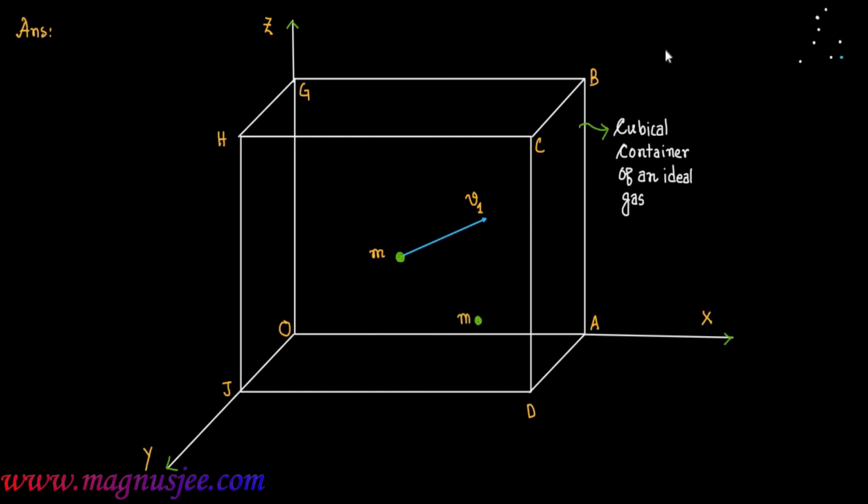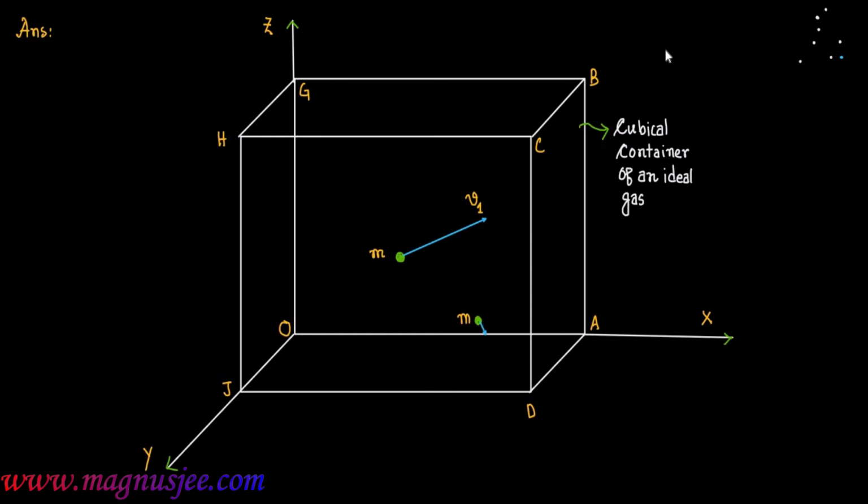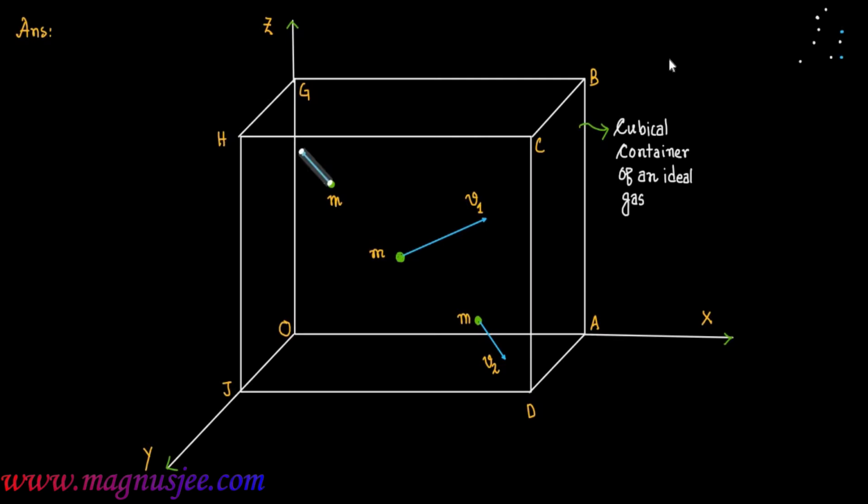Similarly, the second gas molecule having the same mass m will be moving with a different velocity v2 along this direction. We have to assume that different gas molecules of the ideal gas will move with different velocities. According to kinetic theory of gases, gas molecules will be moving with different velocities ranging from 0 to infinity.